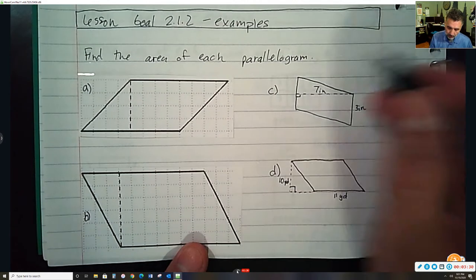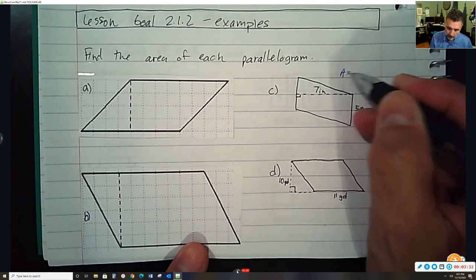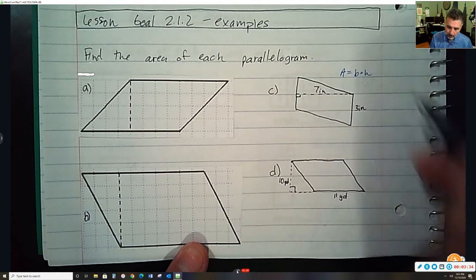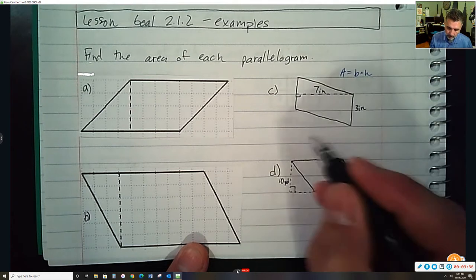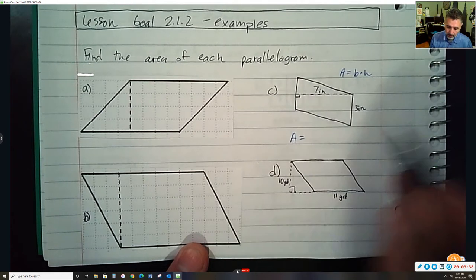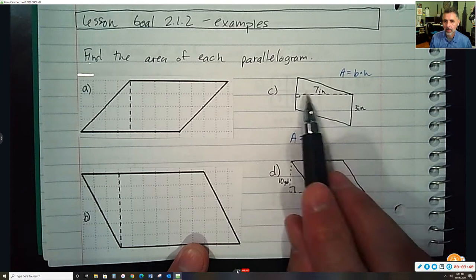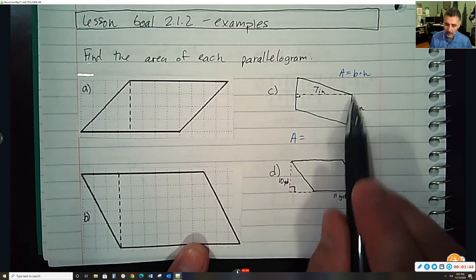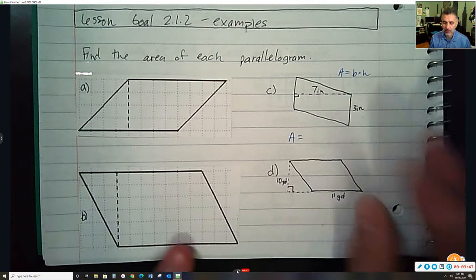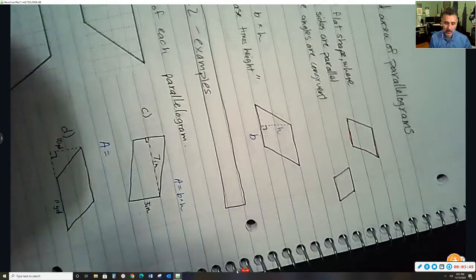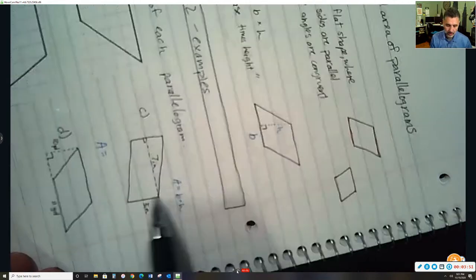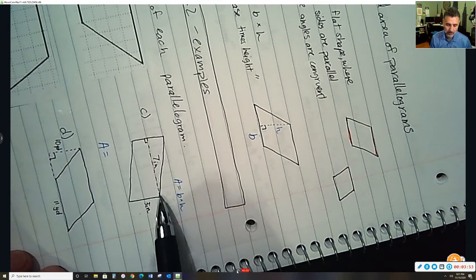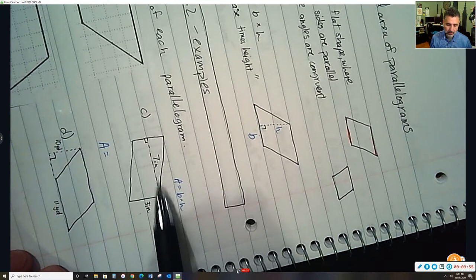So the area, again, remember the area formula is just base times height. Then again you want to figure out which one is the base and which one is the height. Imagine if you took this one and turned it sideways like this, then it's flat. So I would say this is the base, and this guy is the height.